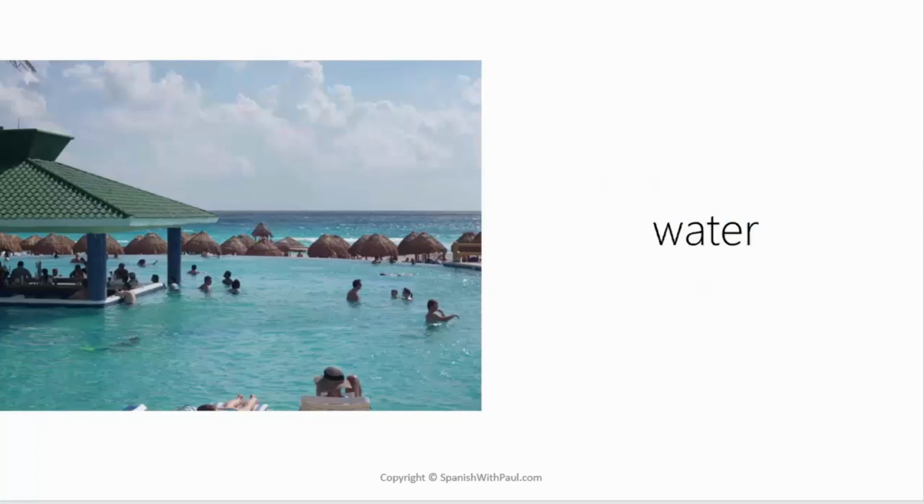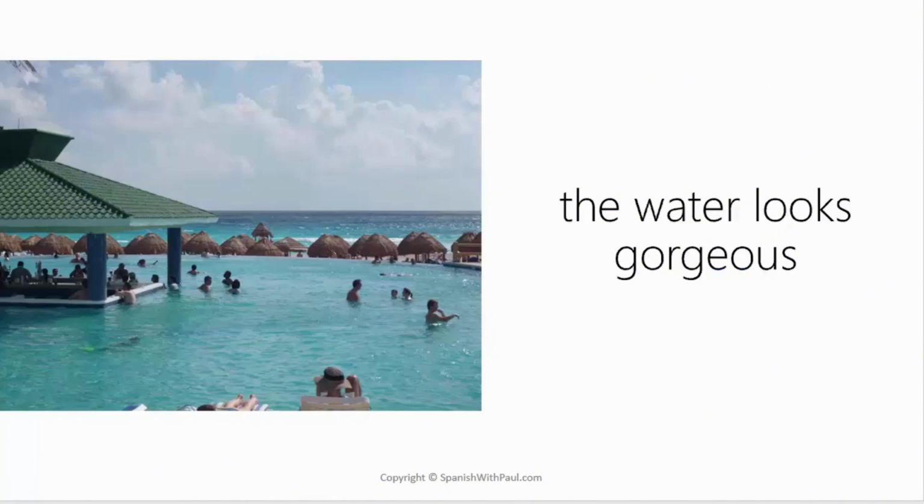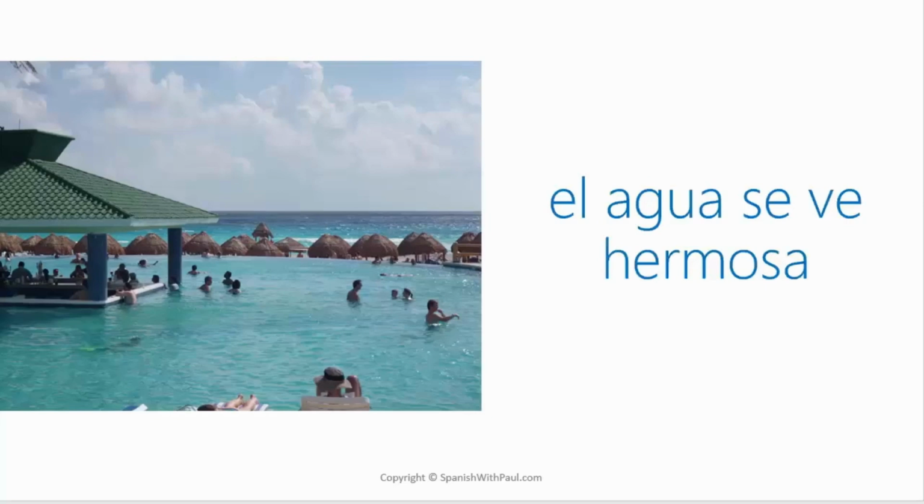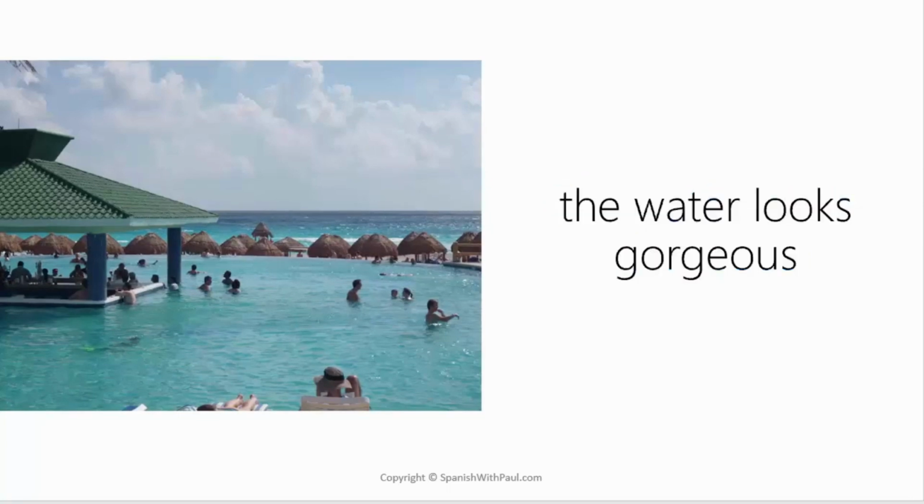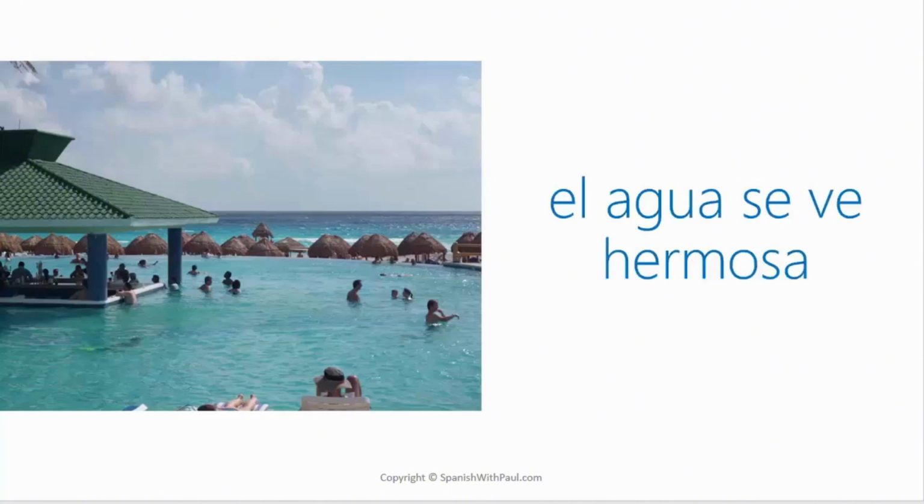What's the word for water? Agua. The water. El agua. The water looks gorgeous. El agua se ve hermosa. This one was a little bit tricky. First of all, we learned that beautiful and gorgeous really has the same set of words in Spanish: hermoso, bonito, precioso. So we defaulted into hermoso.